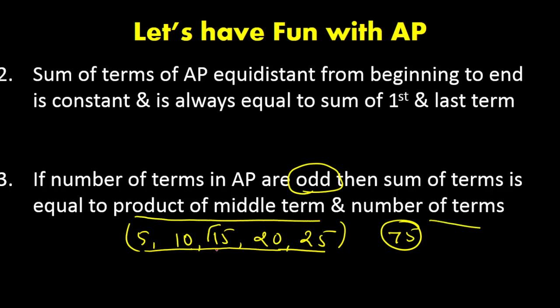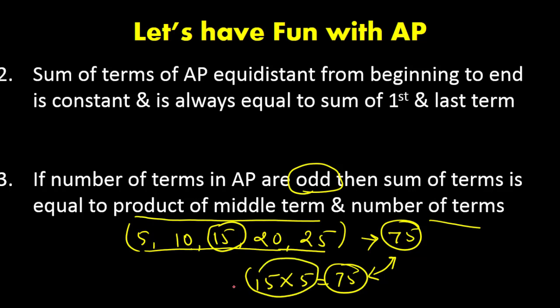What is the middle term? Middle term is 15 and the number of terms are what? 5. So what is this? 15 into 5 is what? 75. Very good. See, either you do manual addition or use the properties. See what I told you, properties are like your tools. With the help of them you can crack the questions in very stipulated time.